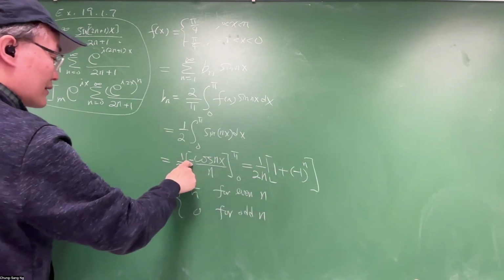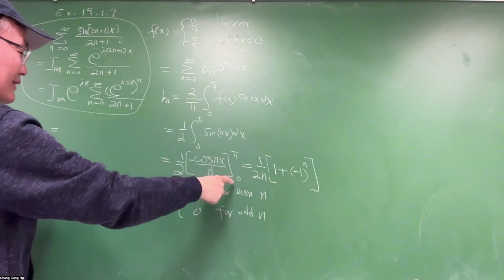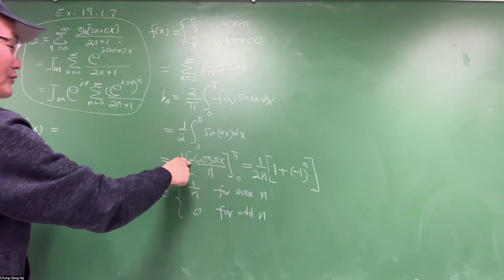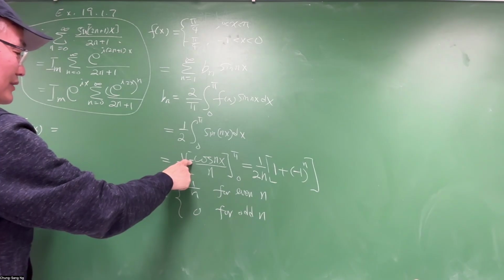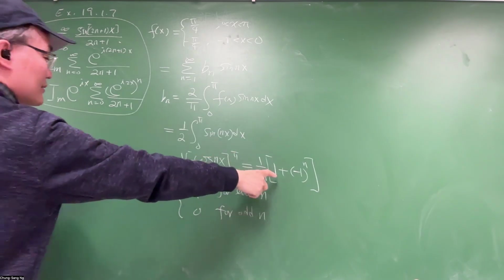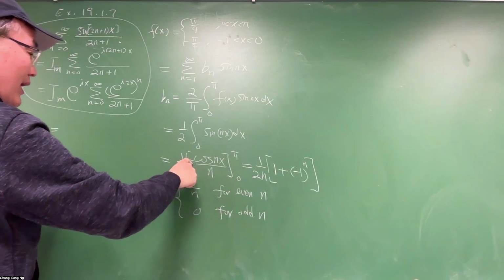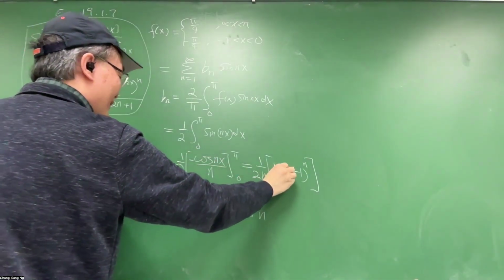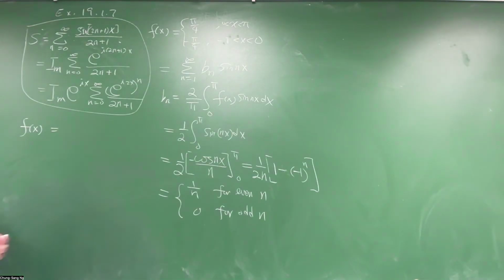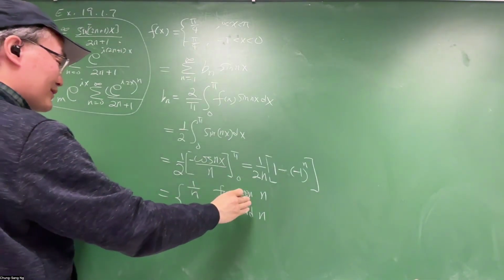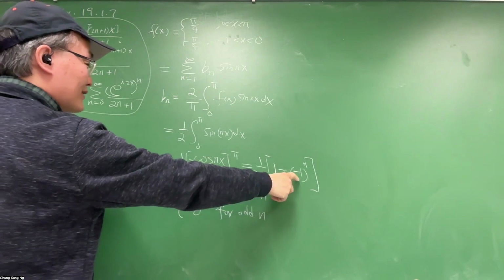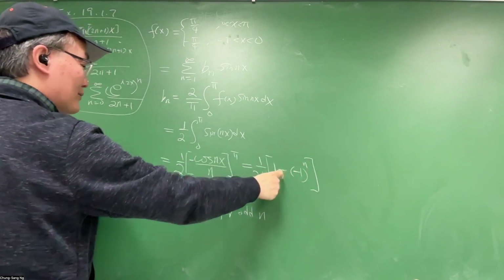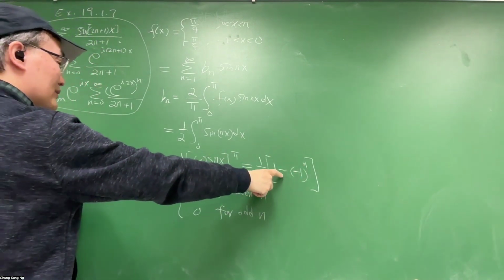Oh wait, so at, so minus sign, to use the minus sign to fit the limit. 0 is 1, and then minus of this one, minus this one, minus 1. Okay, so it's the other way around. So for odd n it is minus 1, minus 1, minus 1, which is 2.